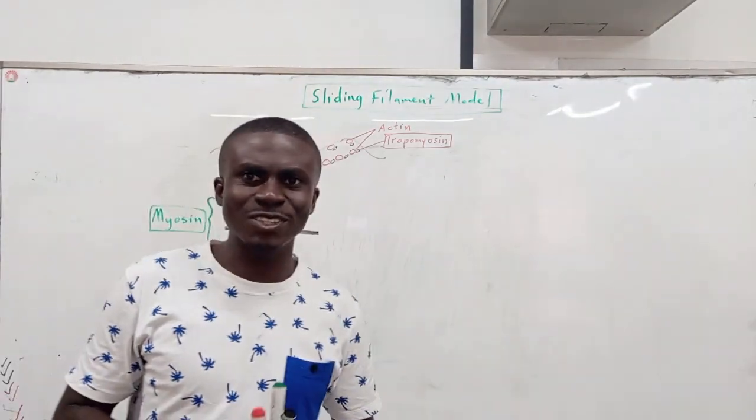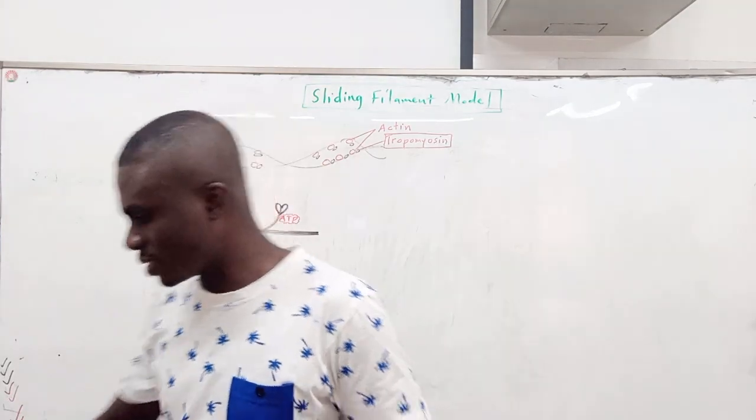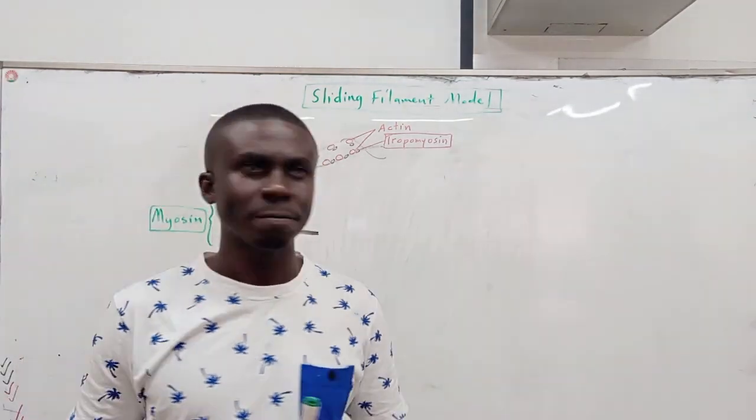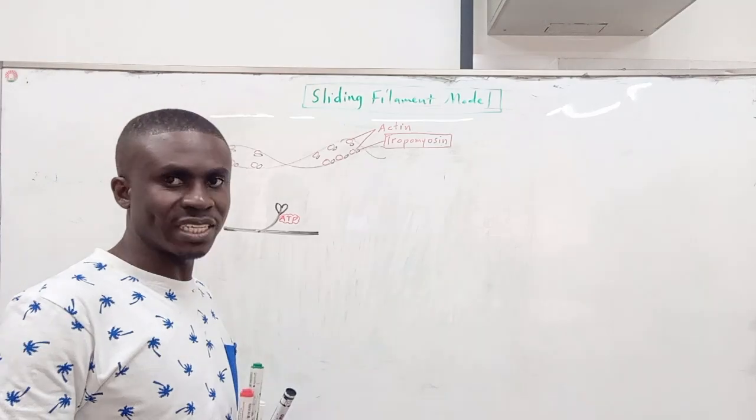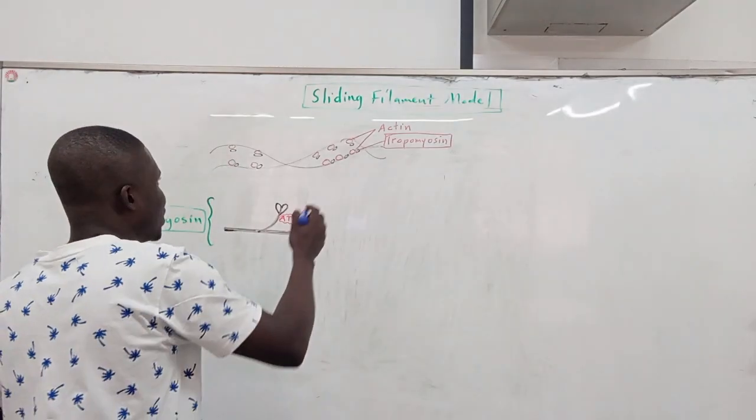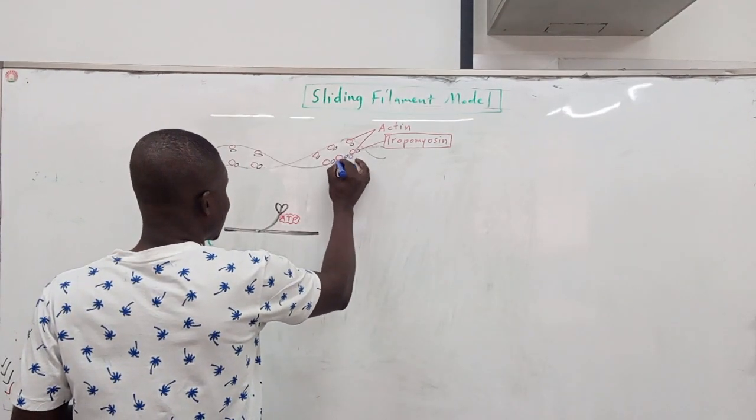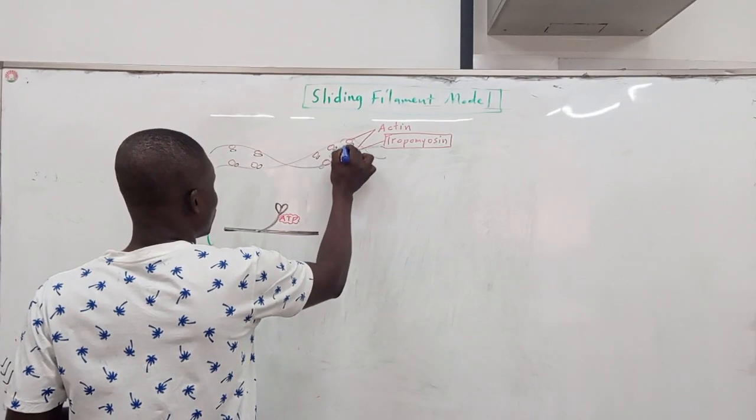Now I told you that it is not only tropomyosin which is present, but we also have some other proteins. Some other proteins are also present.